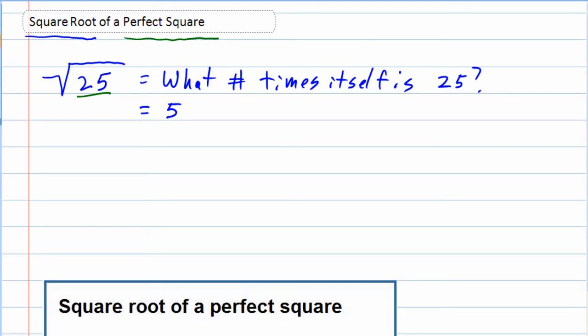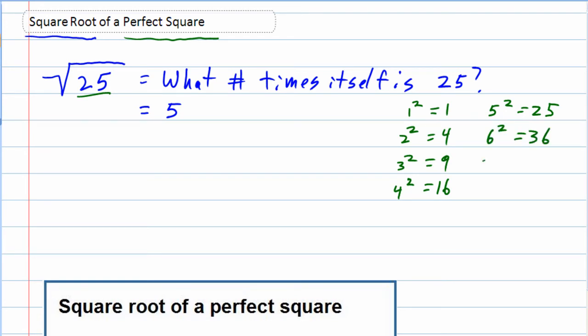So just to list out a couple of those, keep in mind 1 squared is 1, 2 squared is 4, 3 squared is 9, 4 squared is 16, 5 squared, the one that we just did, is 25, 6 squared is 36. I'll just give a couple more. 7 squared is 49 and 8 squared is 64.